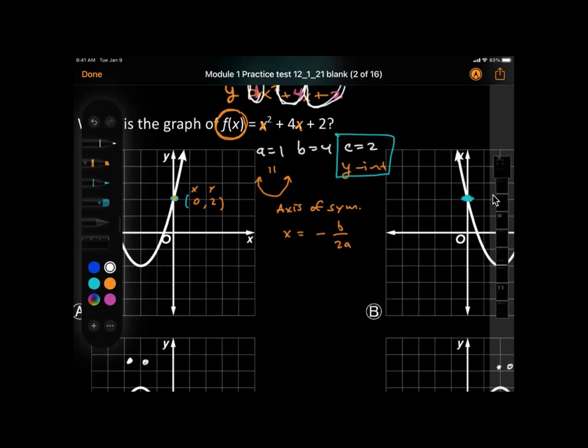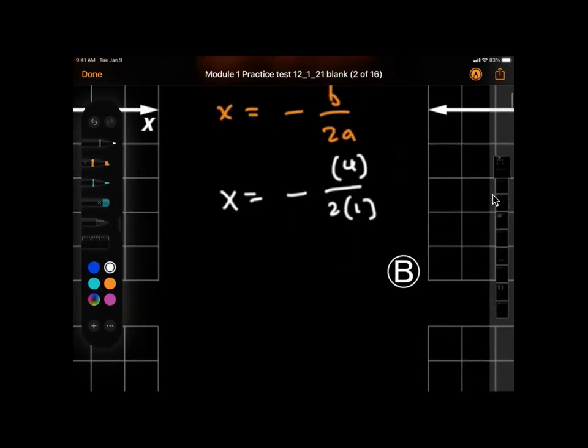What I'm going to do is put in 1 for the a value and 4 for the b value, and just simplify. I'm going to get 4 over 2, and 4 divided by 2 is just positive 2, and you have a negative in front, so x equals negative 2.